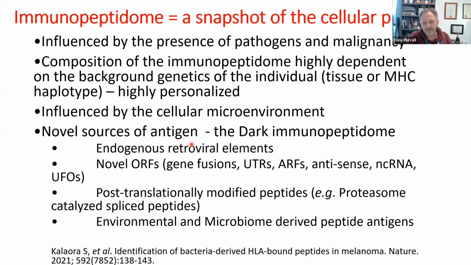And we know that this can contain things such as endogenous retroviral elements, sort of ancient viruses that have integrated into the human genome and can express antigens that can be presented. Different forms of novel open reading frames, so gene fusions, untranslated regions, alternative reading frames, antisense encoded reading frames, non-coding RNA, which obviously does code for some things, including antigens.